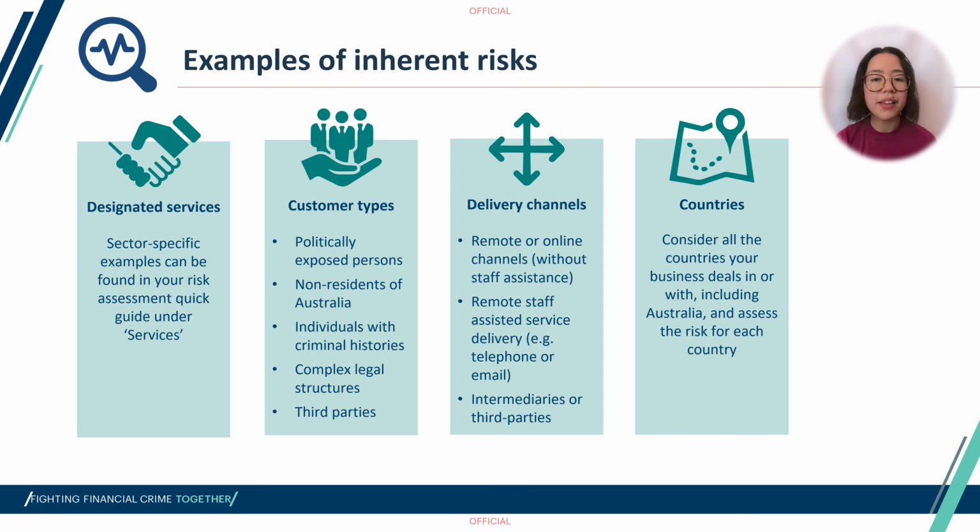For customer types, some examples include politically exposed persons, as they can be potential targets for corruption and bribery, non-residents of Australia, as it may be harder to monitor or verify their identification or understand their source of funds and source of wealth, individuals with criminal histories, including directors or beneficial owners, as they can be involved in criminal activity and use criminal proceeds to fund a transaction.